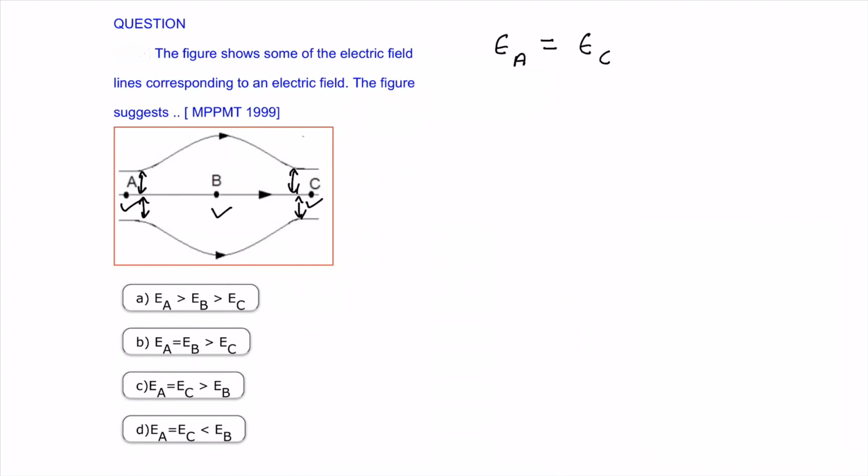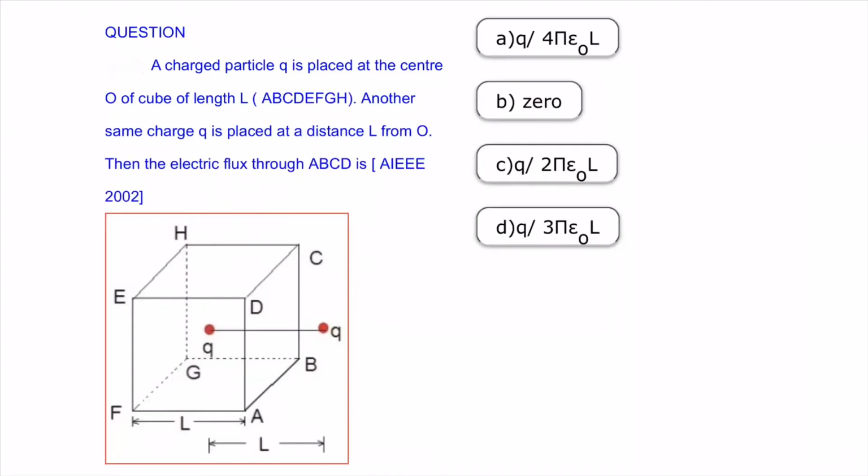If the spacing between the lines is the same, then the strength is also the same. Now, if you check at B, you can see that the spacing is comparatively more, which means electric field strength is comparatively less. Okay, so option C is the right answer.